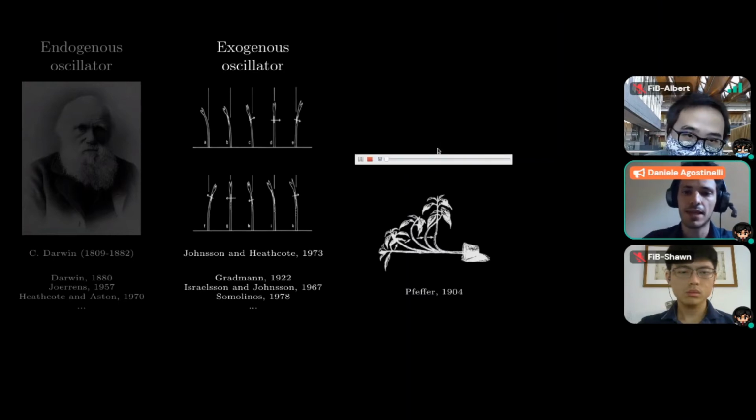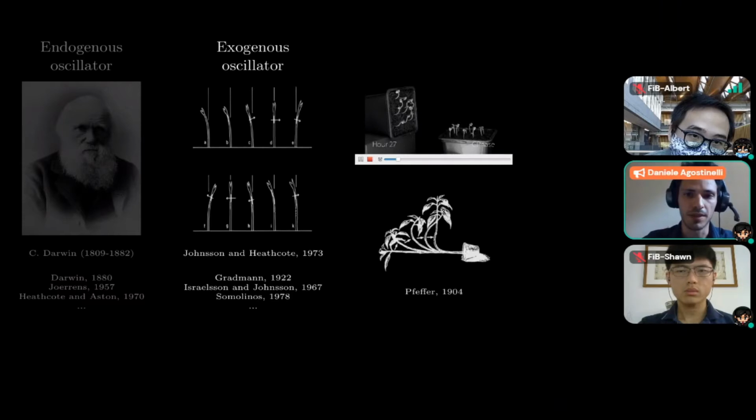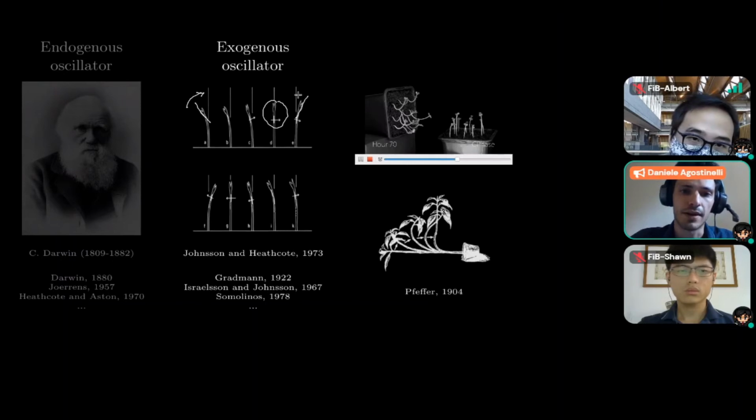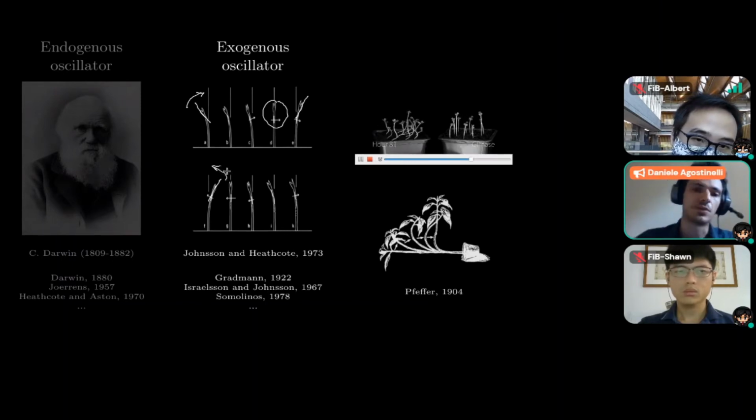If you rotate the support of a plant, this triggers a correcting movement which tries to align the main axis of the plant towards the vertical line. So if a plant is deviating from the vertical line, this triggers a correcting movement, and due to some delay in the biological process, the plant is going to overshoot its target. At this point, there is a reaction movement in the opposite way, which generates these self-sustained spontaneous oscillations.